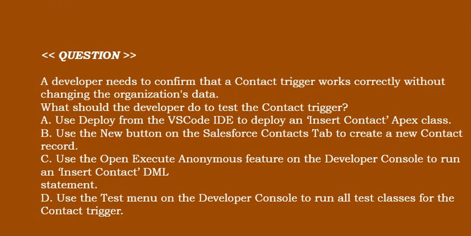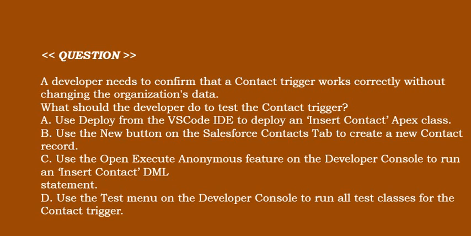Next question is a developer needs to confirm that a contact trigger works correctly without changing the organization's data. What should the developer do to test the contact trigger? Option A. Use deploy from the VS Code IDE to deploy an insert contact Apex class. Option B. Use the New button on the Salesforce Contacts tab to create a new contact record.